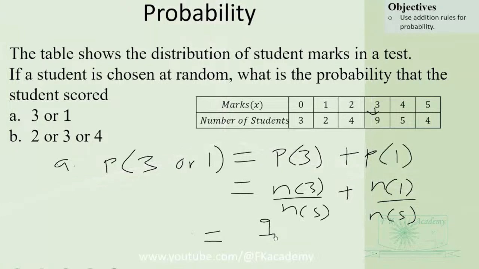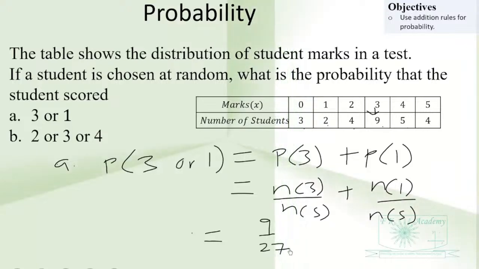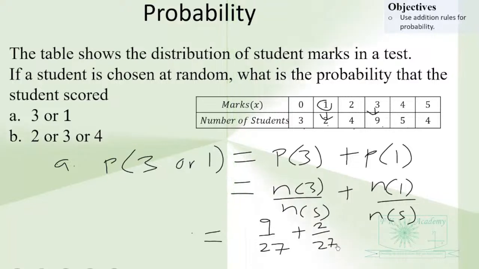When you add all these, 3 plus 2, 5 plus 4 plus 9, that will give us 18. 18 plus 9 will be 27. So 9 over 27 plus number of students who scored 1, they are 2, plus 2 over 27. And that will give us 11 over 27.